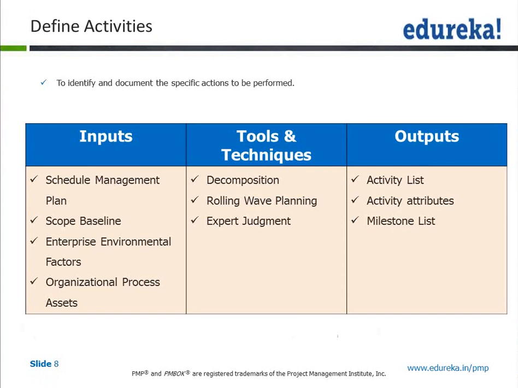So you have to decompose each of the work breakdown structure work packages to a further detailed level in terms of activities. The decomposition has to come to a level where each activity should be done by only one person. It should not be that multiple people are doing one particular work.